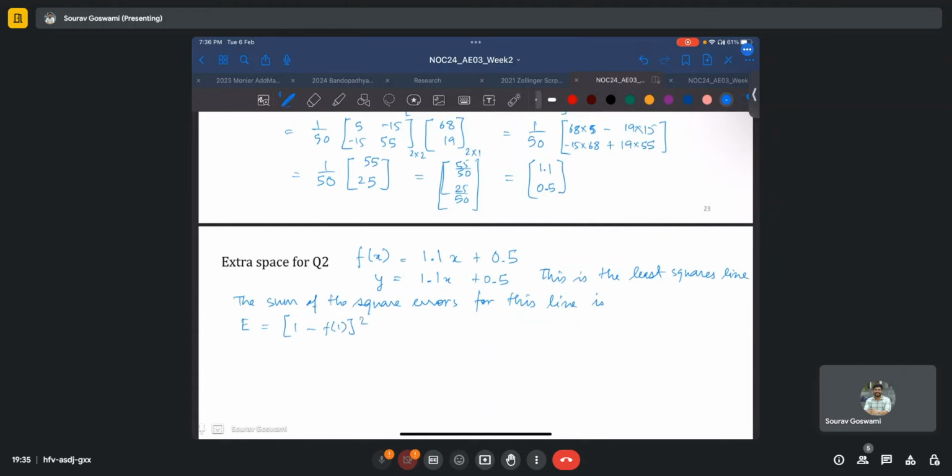So for y1, this is y equals 1 and the value of the function at x equals 1, plus for y equals 3, the value of the function at x equals 2, and so on.